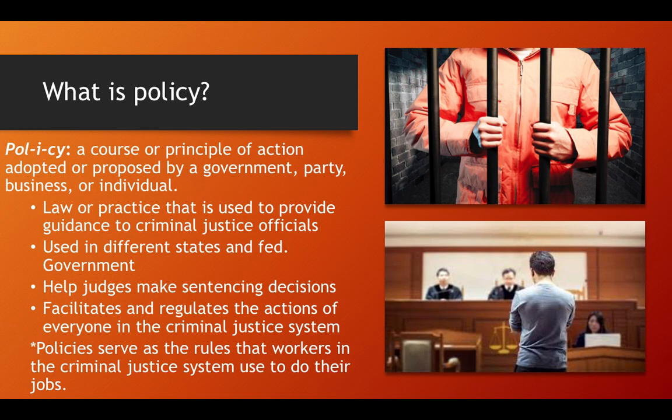Now, an example given to us by Malaco is that policy will allow judges to make sentencing decisions. So, for example, let's say a defendant was proven guilty in their trial, right?